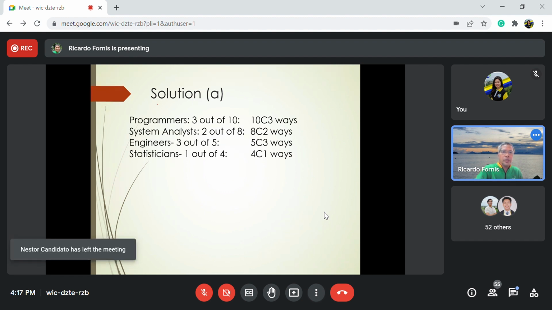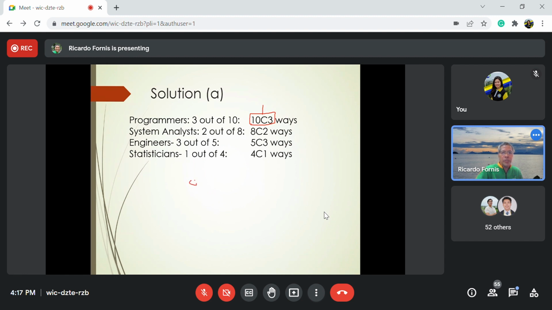Now out of 10 programmers, we choose only 3. And because we're only interested in who these programmers are, the order of mentioning their names is not important. And therefore, it is a combination.